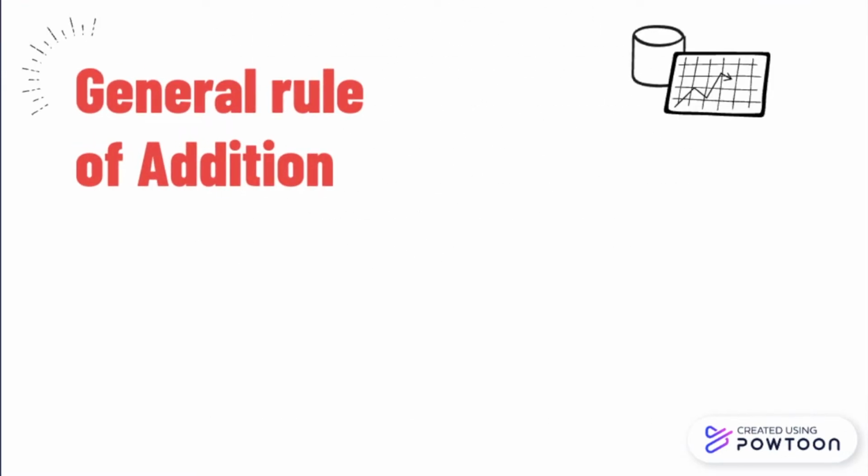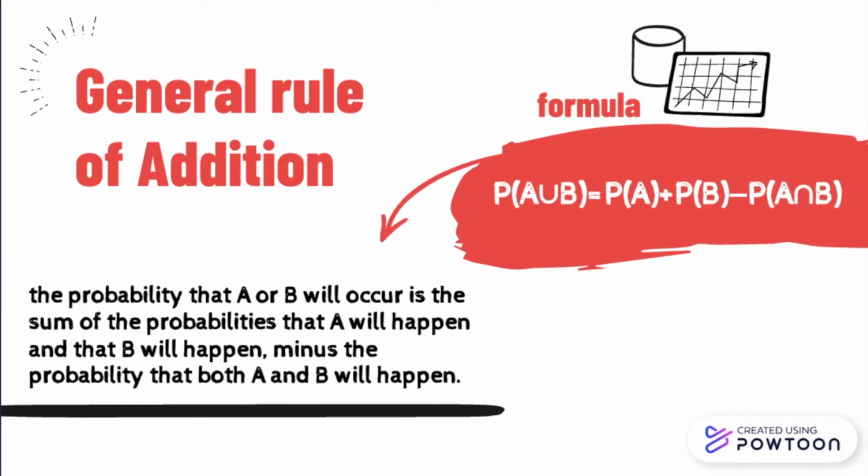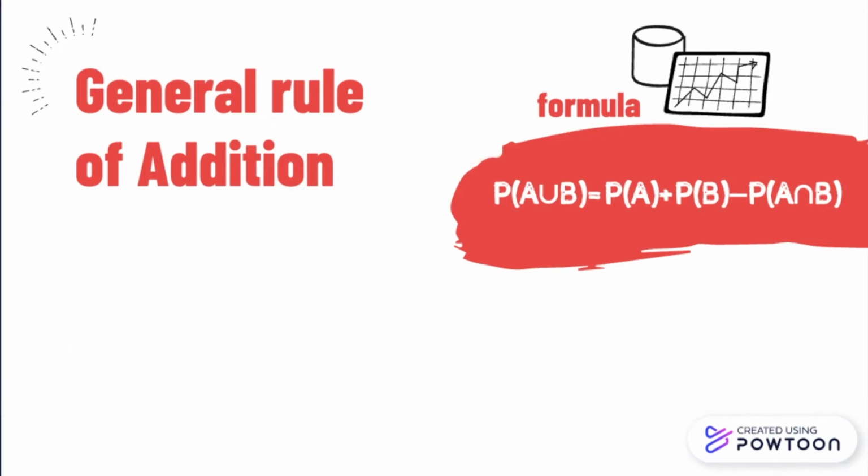We're back to the general rule of addition. The general rule of addition formula is: the probability that A or B will occur is the sum of the probabilities that A will happen and that B will happen, minus the probability that both A and B will happen.